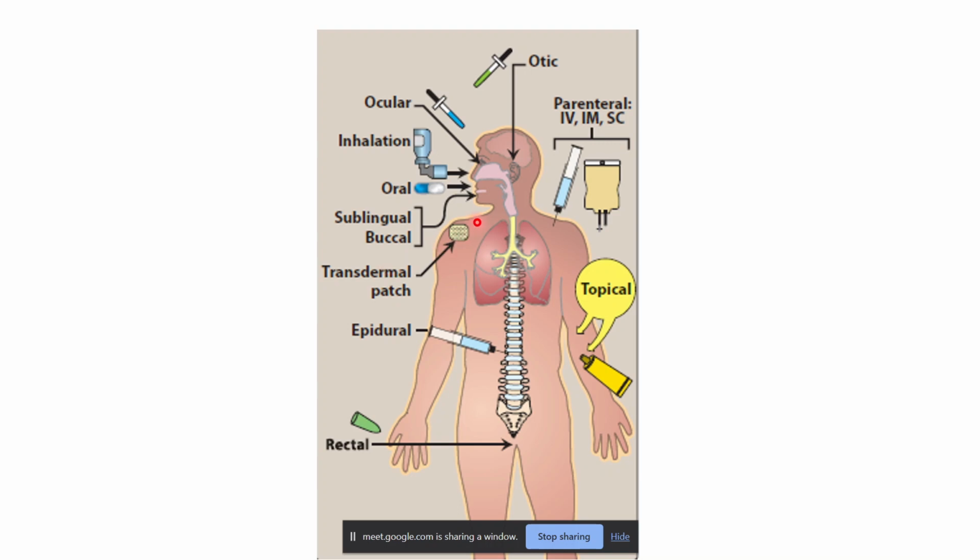Also, these patches are not effective in some people with a weight of over 150 kilograms and more. Then epidural is used for pregnant women who are afraid of the pain.